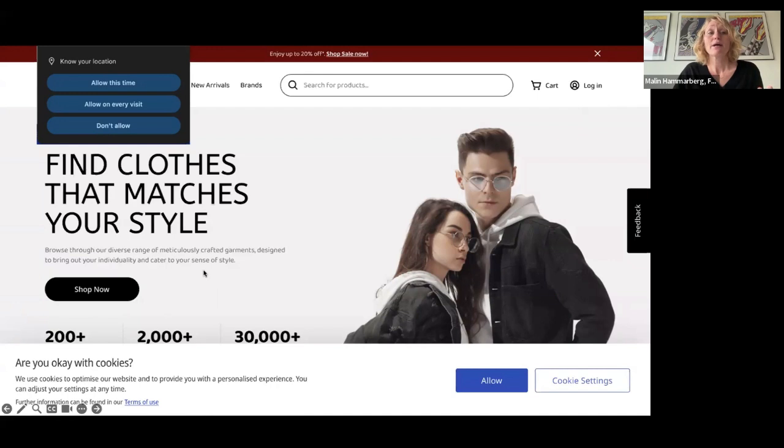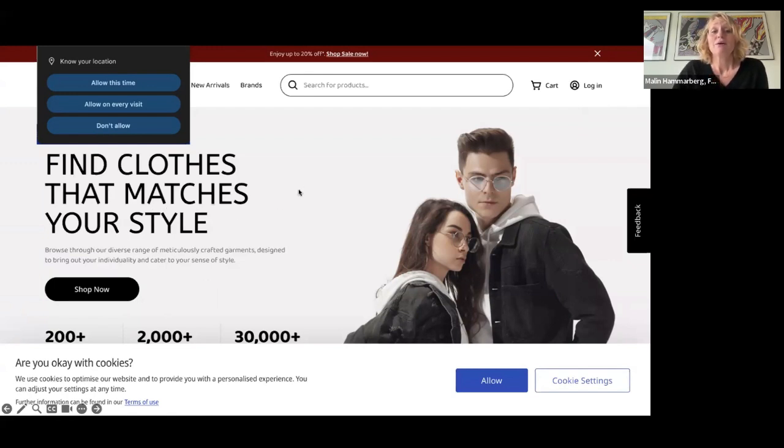So we might get a question for location, where we need to answer if we want to share our location, maybe because the store wants to show that they have the item in the store close by. We also, if we are in Europe, need to answer a cookie banner, and decide if we want cookies or if we want to change them.